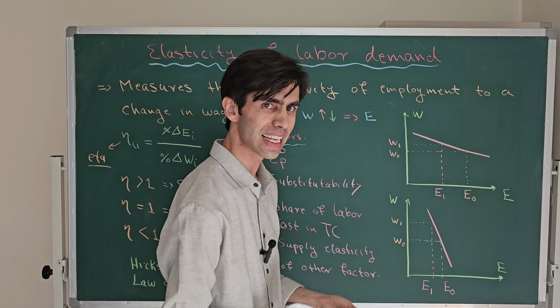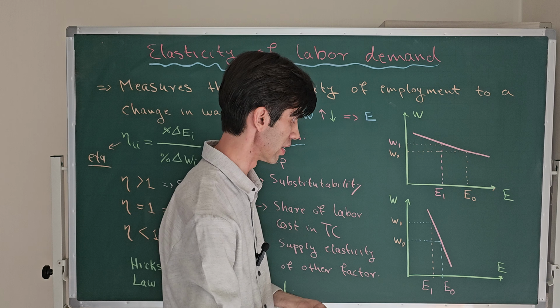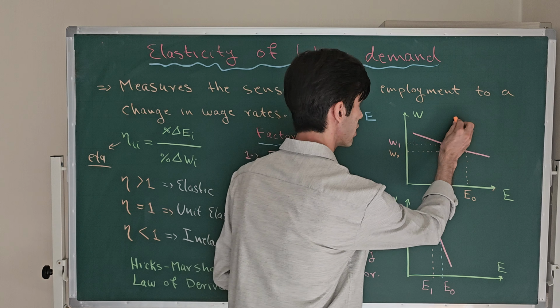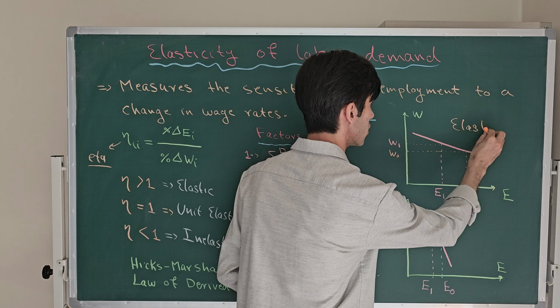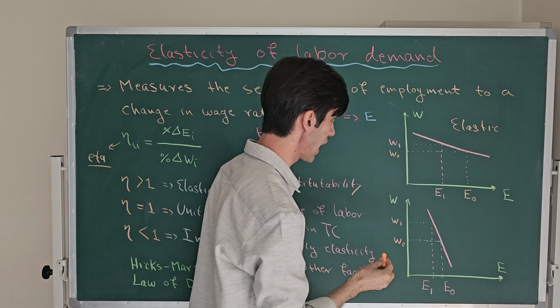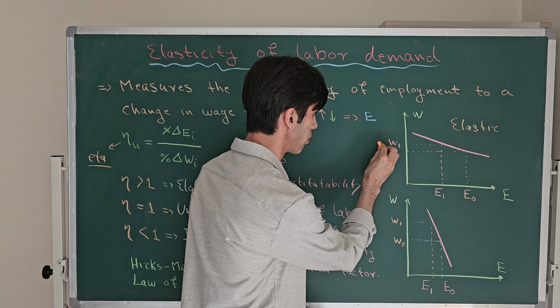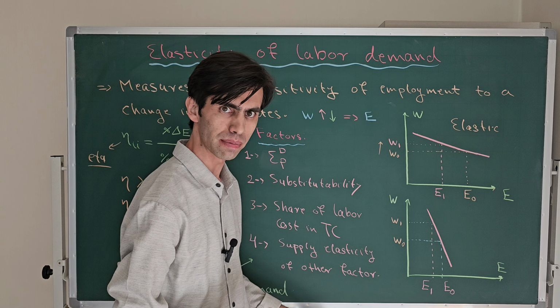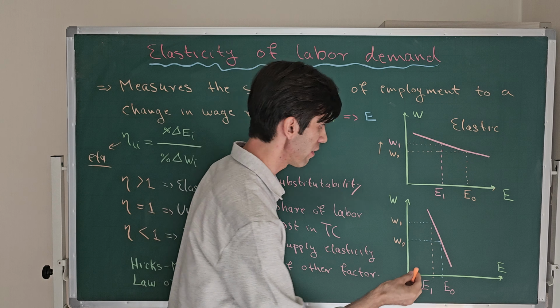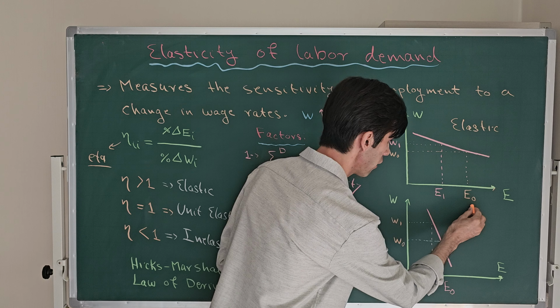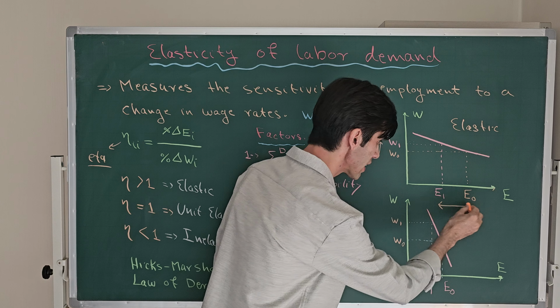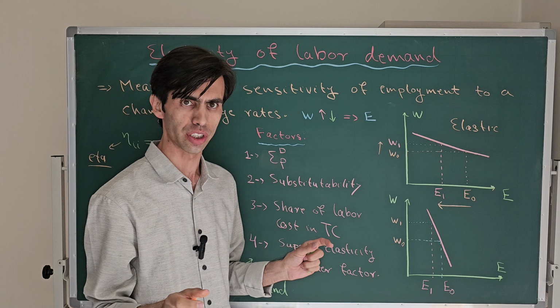If we show graphically the elastic and inelastic labor demand, this graph shows the elastic labor demand. You see that when the wage level increases by a small portion from W0 to W1, the employment level would decline from E0 to E1 by a large portion.